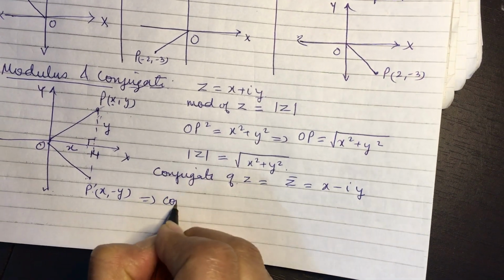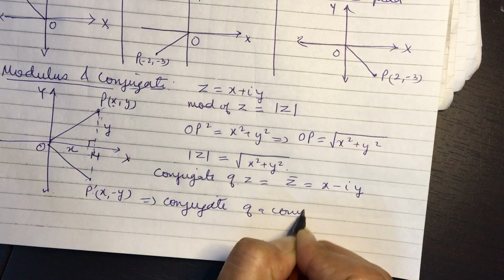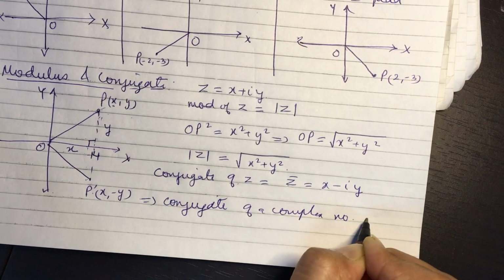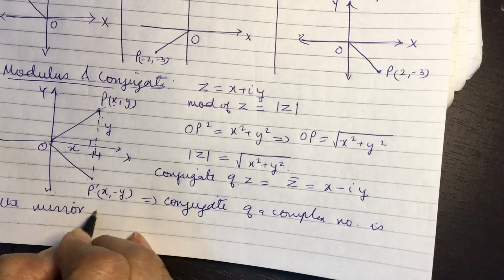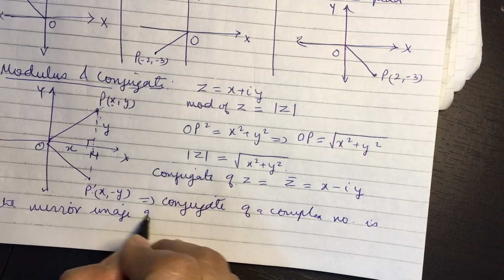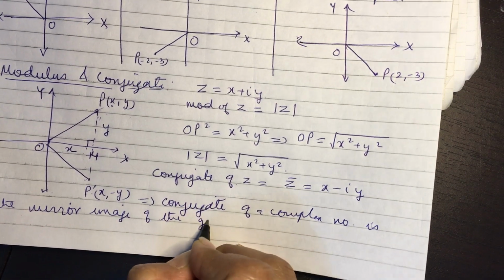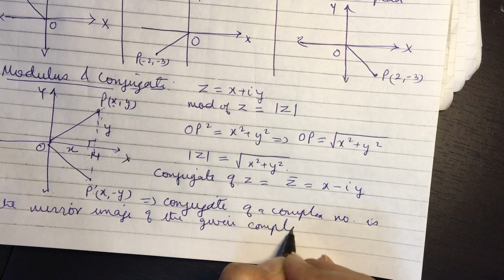That the conjugate of a complex number is the mirror image of the given complex number.